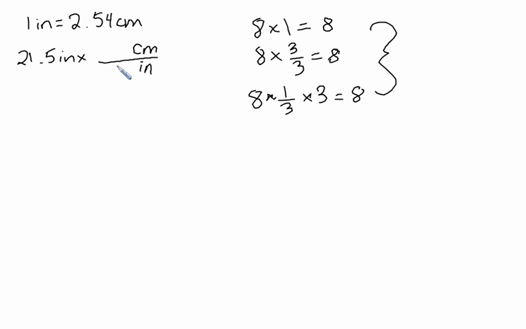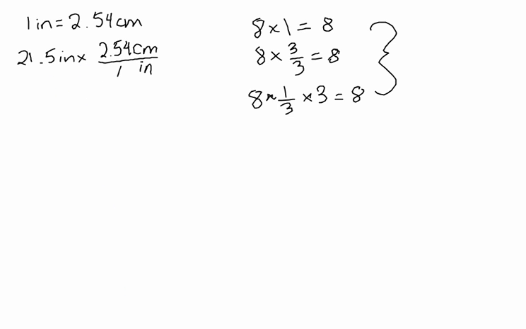We know that for every 1 inch, there are 2.54 centimeters. Okay, so you see how we're converting 21.5 inches by 1, right? This is 1.